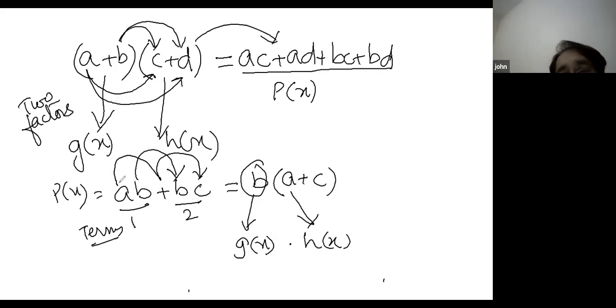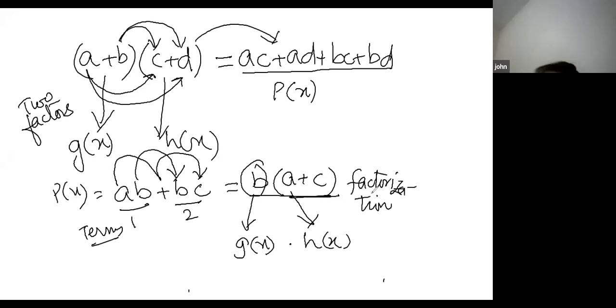Here, in the above example, from two different factors, we have changed into one polynomial. So we can say this process is known as factorization. Some more examples I am sharing with you.